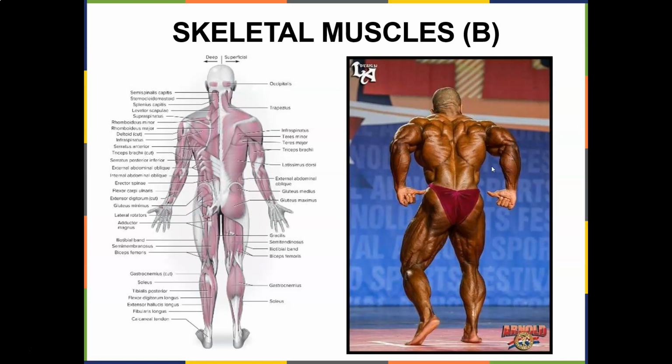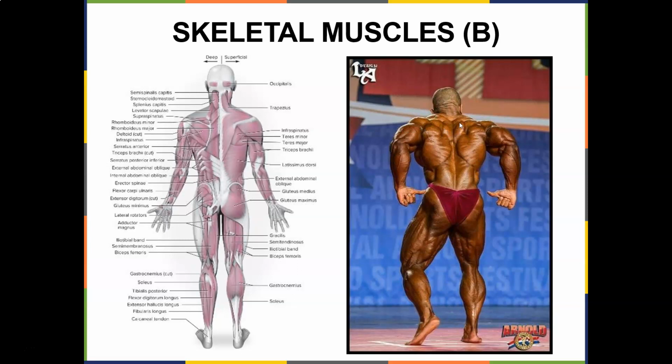Now, the back, you got the occipitalis, but again, there's a muscle that goes from occipital to frontalis, so we call it the occipitofrontalis. You got the traps, infraspinatus, teres minor. Okay. Here's your lats. Okay.